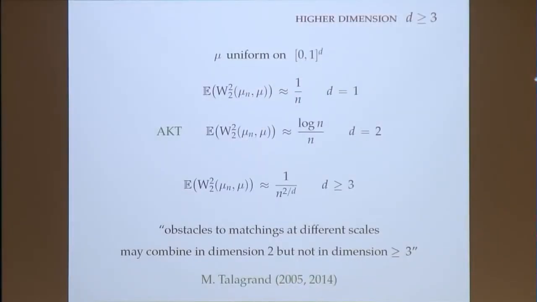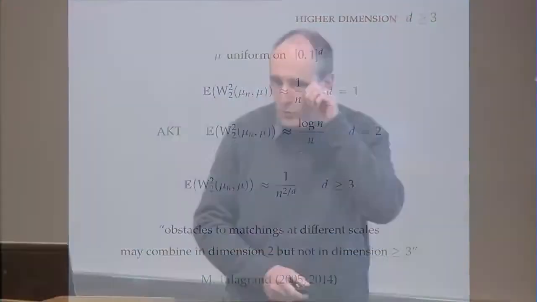Okay. So things are easier in dimension 3, and this is a sentence from Talagrand, although I'm not really sure to fully understand it, but here it is. So things are easier in higher dimension, and in particular, it was possible during the last years to attack this question of extending this type of rate for more general distributions than the uniform.